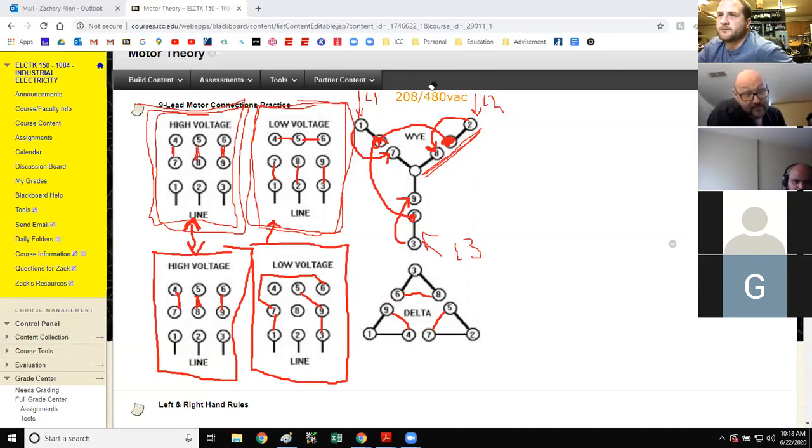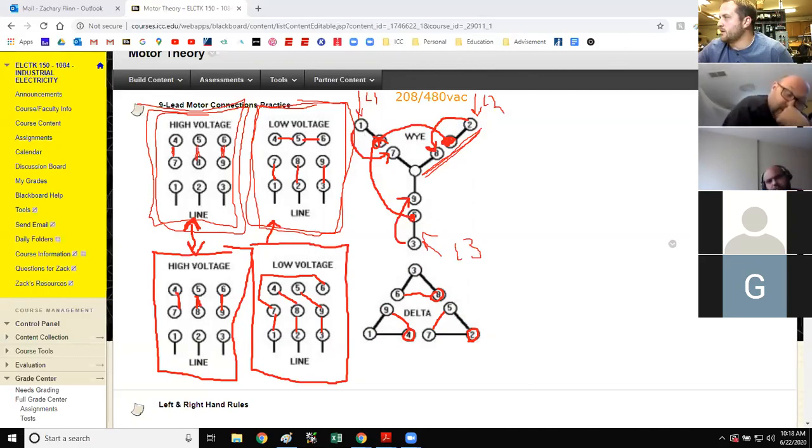What else? Probably the last 3. 2, 2, 8, and 4. Yeah. So that's what a low voltage delta looks like.